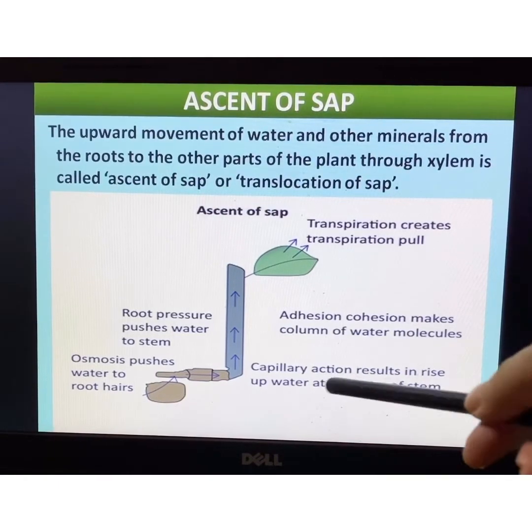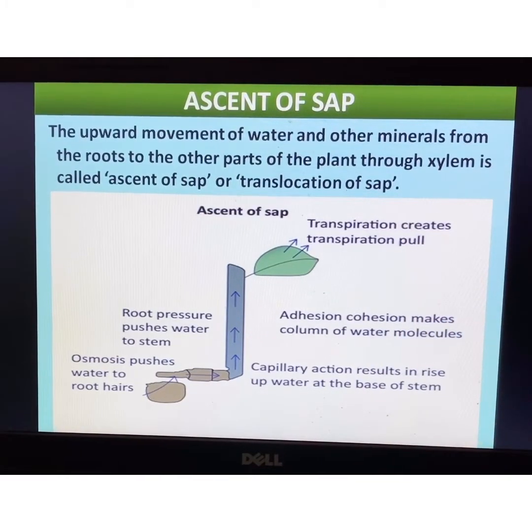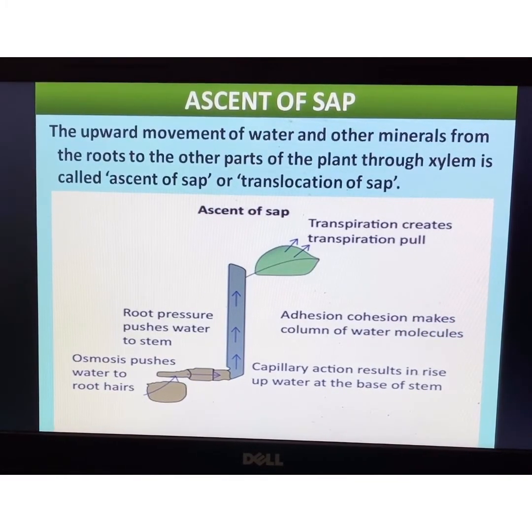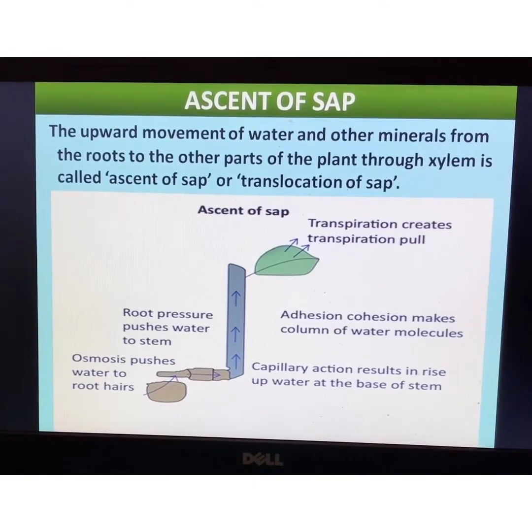Alright, now capillary action results in rise of water at the base of the stem. So this capillary action is very simple to understand. If you just take a tip of a tissue paper, which blots water, which soaks up water, you don't really have to dip the tissue paper in the water. Okay, you just try this.